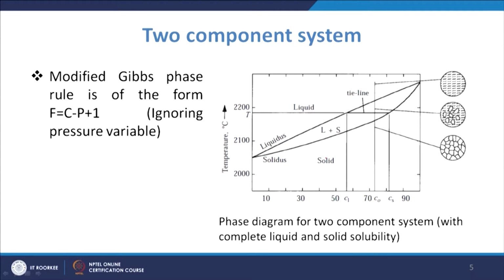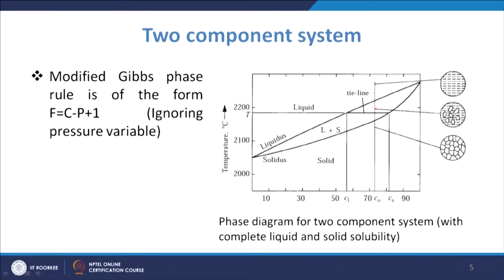Now, what is clear from this, you can see that when you are decreasing the temperature from this point, at this point the whole domain is liquid. Now, when you come to this zone, this is the liquidus line and this is the solidus line. So, the solidus line is separating that solid part from the liquid plus solid zone, and the liquidus line is separating the liquid part from the liquid plus solid zone.